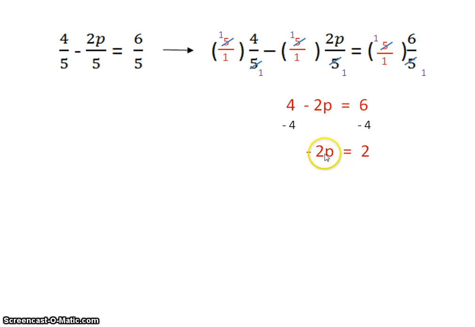P is still being multiplied by a negative 2. I'll undo that with the inverse operation of division. I'm going to divide by a negative 2 as long as I divide the right-hand side by a negative 2. These negative 2's will drop out, and I'll end up with p equals 2 divided by negative 2, which is negative 1.